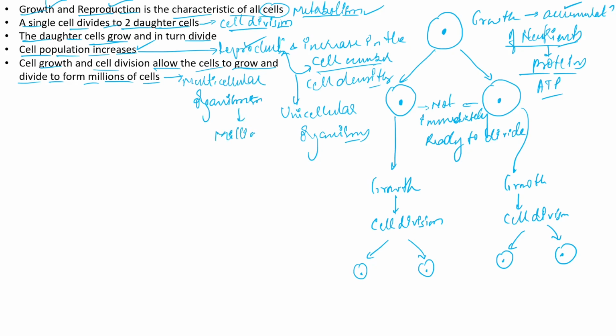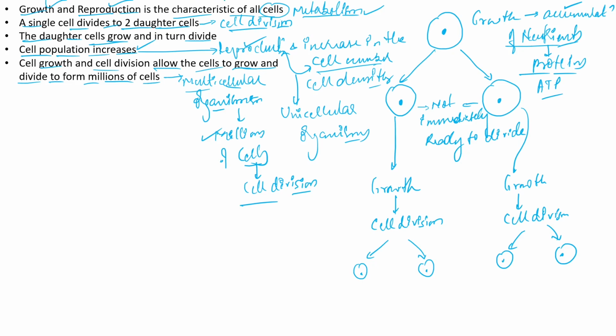In the case of humans, we are made of millions of cells. So new cells are constantly being added, and that is due to the cell division process. Without cell division, there will be no formation of millions of cells, and there cannot be any kind of multicellular organisms.